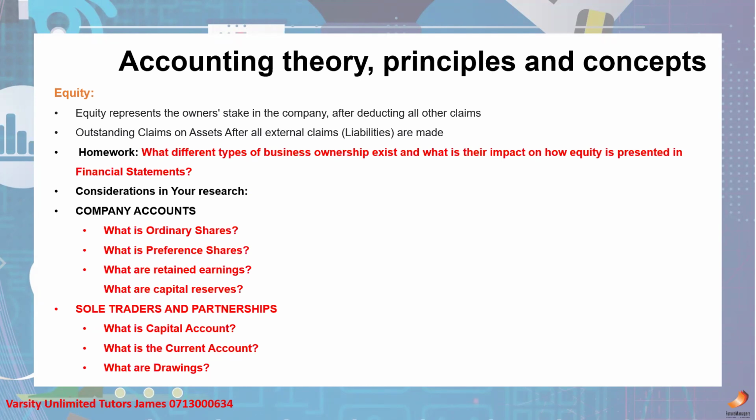Then if the business is not a company, if it's a small tuck shop that you have, you do not register it, you're just selling some small groceries as a tuck shop, equity, usually we use the word capital, right? Which means this is the capital that I have invested in that particular business. So that's equity in general.